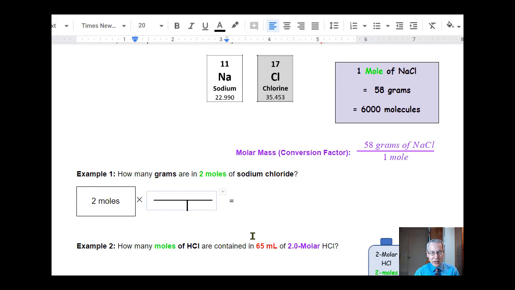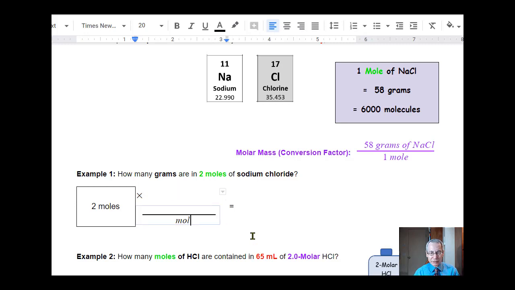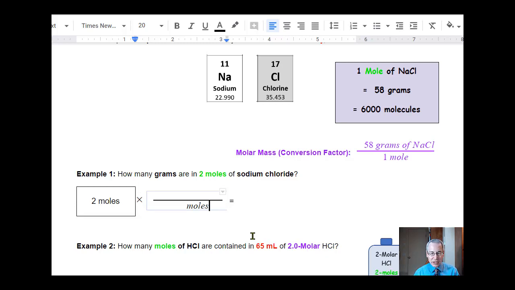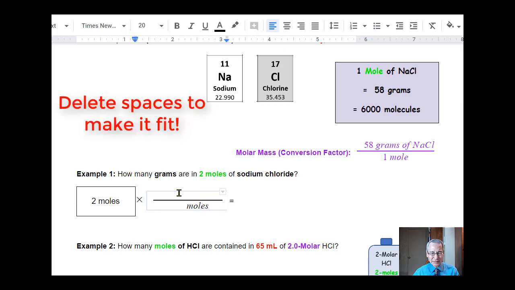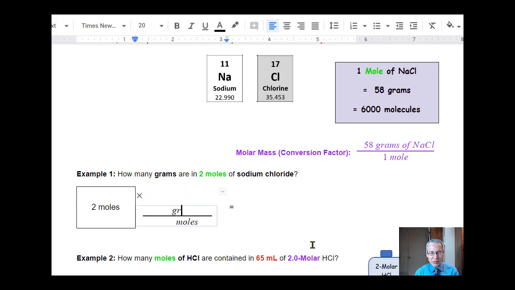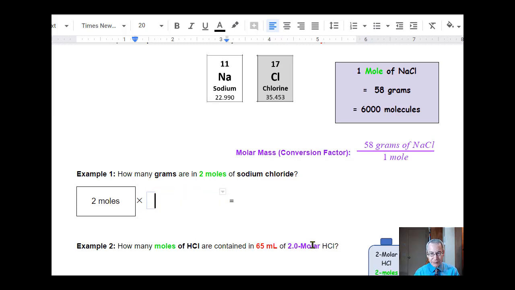Moles goes on the bottom. So if this happens to you like it did, just hit delete until it pops back into place. And since I'm looking for grams, that's what goes on the top.